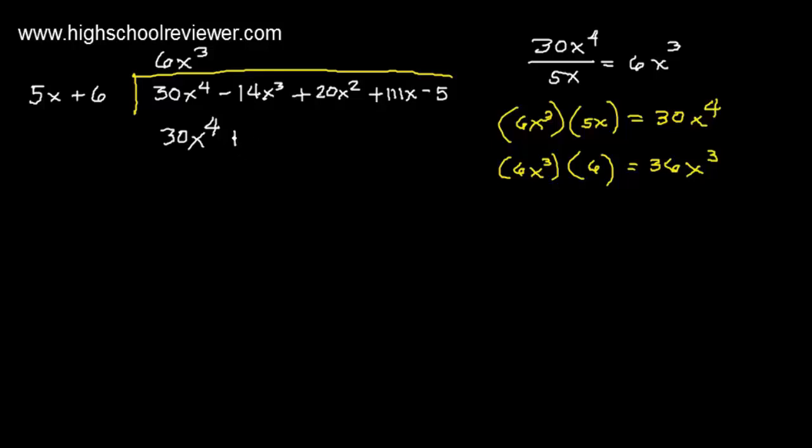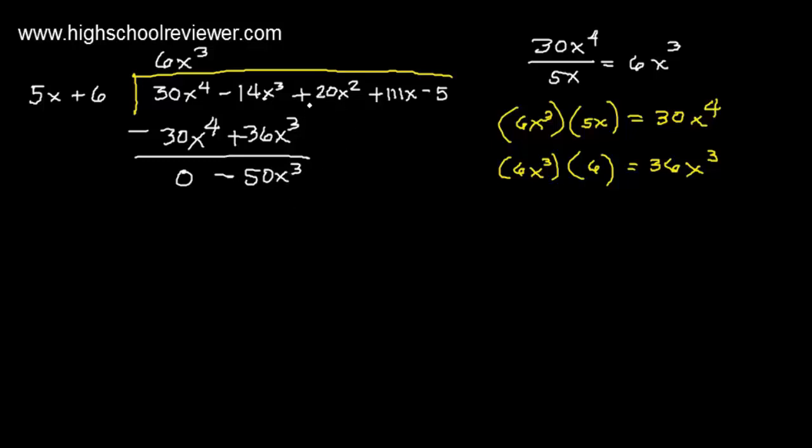So we will have here positive 36x cubed. And then we will subtract 30x to the fourth minus 30x to the fourth. This is 0. So negative 14x cubed minus positive 36x cubed. This will give us negative 50x cubed.